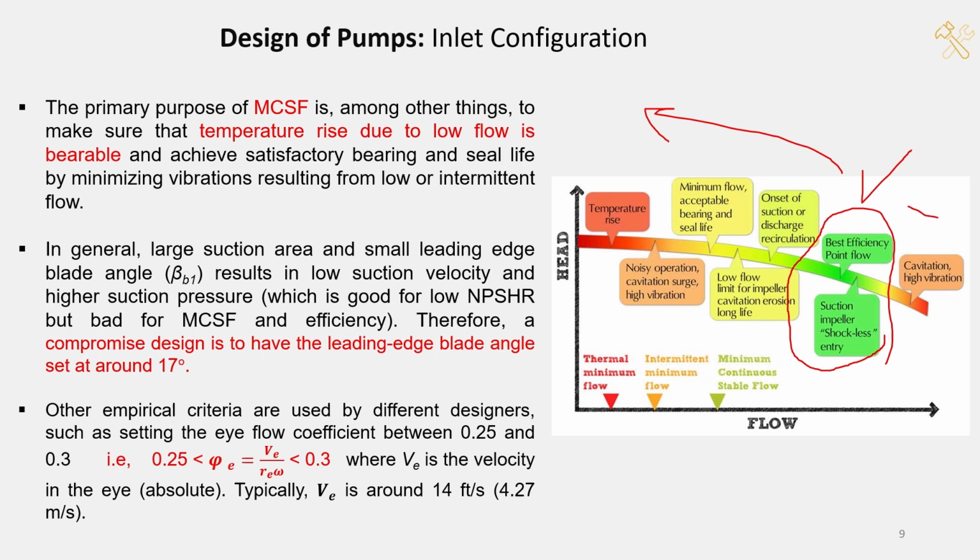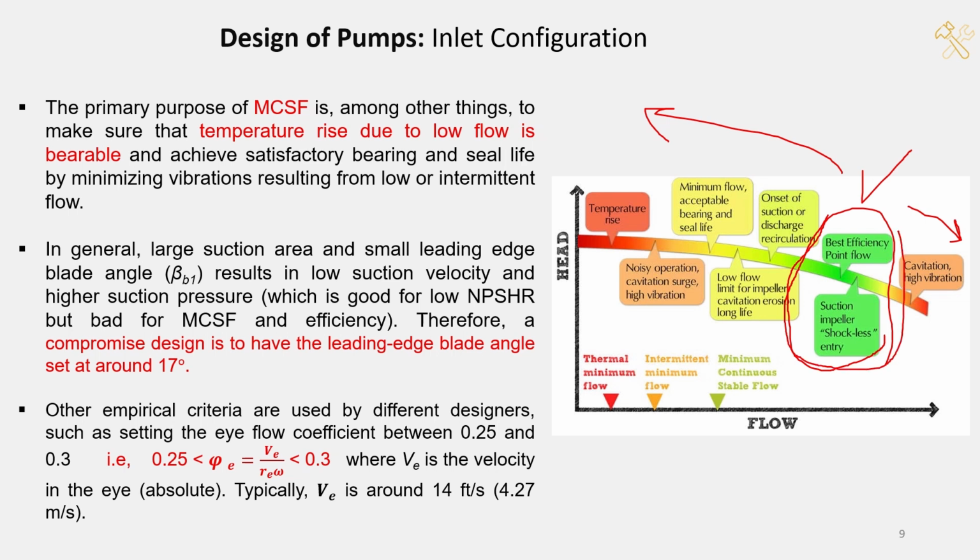And even if you go this way, either in the high flow rate or low flow rate region, the pump will not work in its comfortable conditions. The pump works in comfortable condition in this green region.